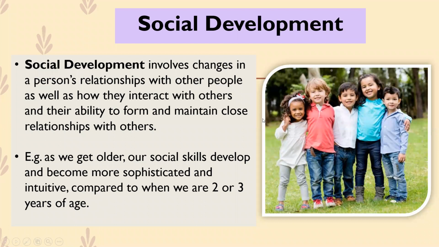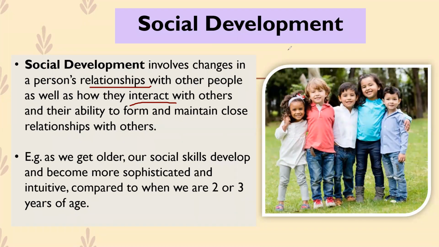The next thing that we look at is social development. Whenever we think about social concepts, we think about relationships. How your relationships with other people grow, and how your ability to interact and communicate with other people becomes more mature or developed. As you get older, your social skills develop.